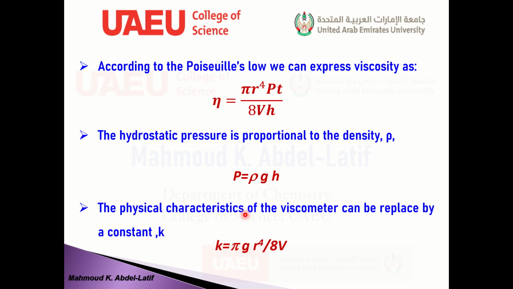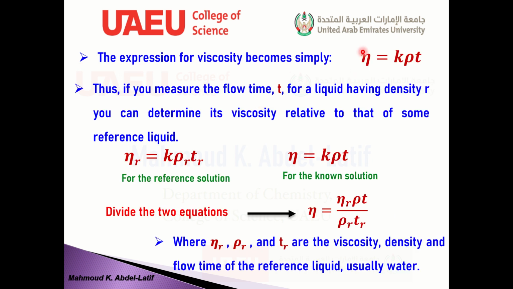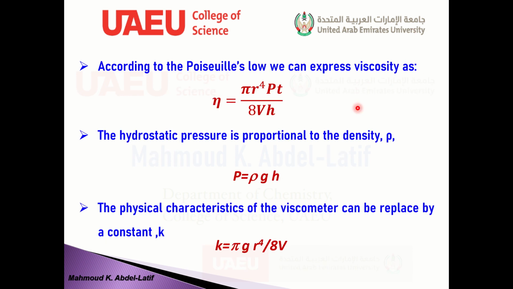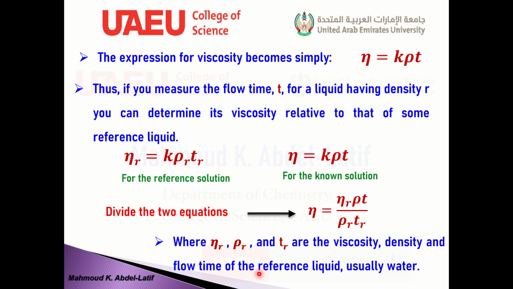The physical characteristic of a viscometer can be replaced by this constant, which equals this one. After substituting the pressure, you end up with this equation: eta equals k rho t, where t is the flow time and k is a constant, which is all these characteristic parameters of the capillary.